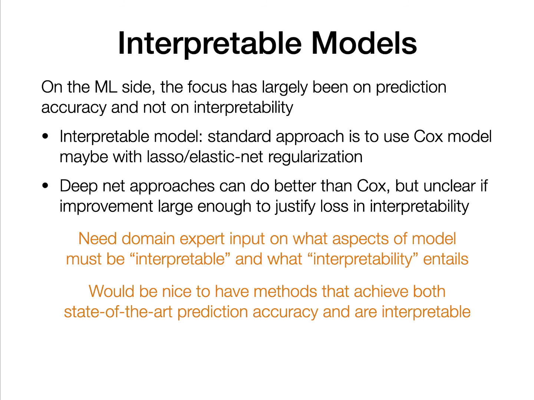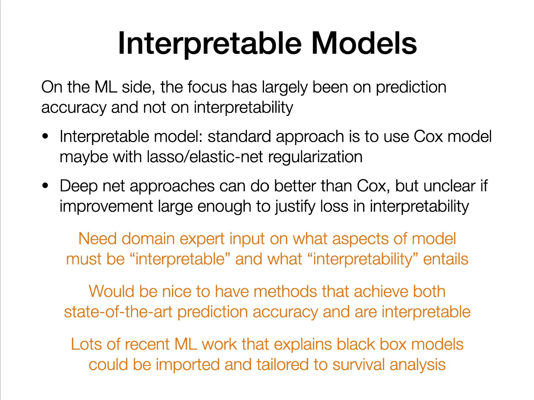Of course, it would be nice to have methods that achieve both state-of-the-art prediction accuracy and that are easily interpretable. I think this is an interesting open problem. And I'll mention that there has been a lot of work recently in machine learning on explaining black box models.